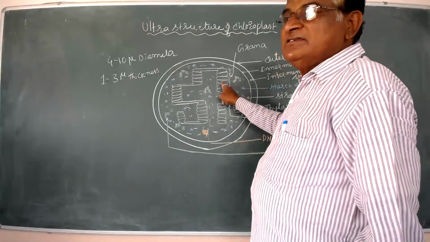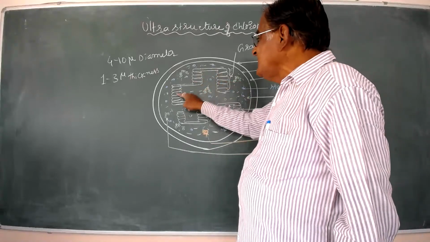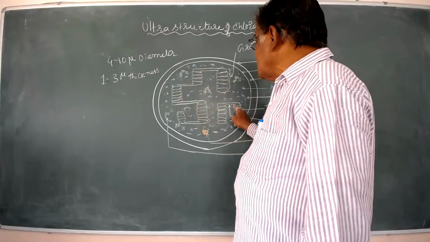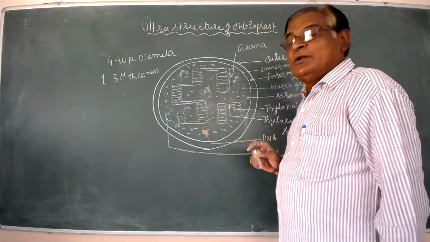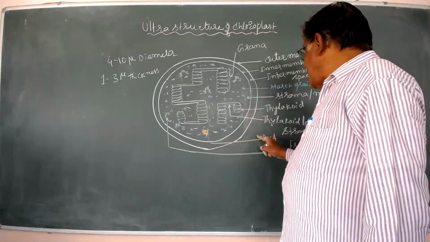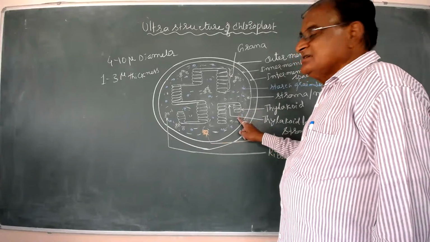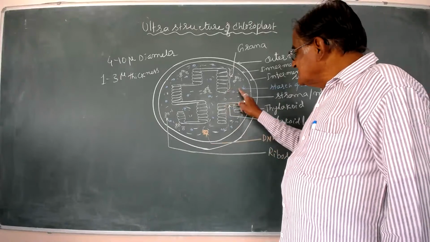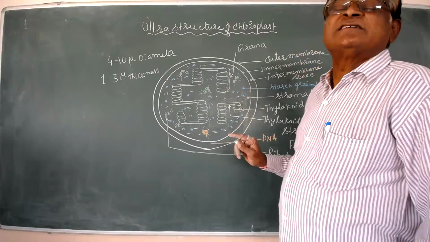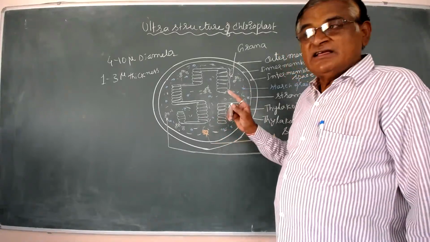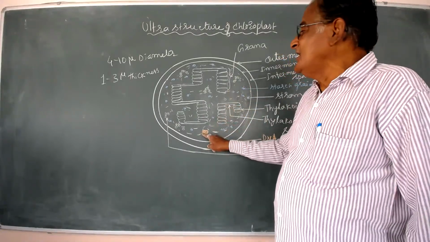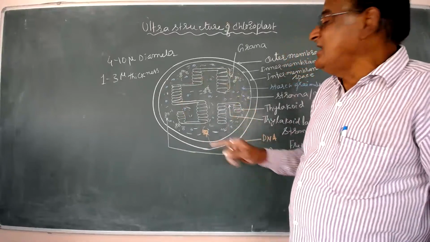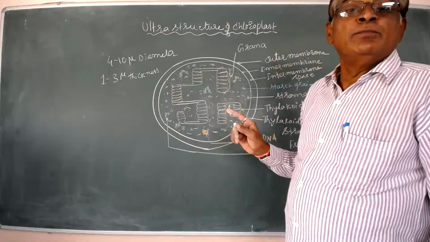These grana are interconnected with each other, and they play a very important role during photosynthesis. The chloroplast also has starch granules in the stroma, and its own DNA, and also RNA and ribosomes.